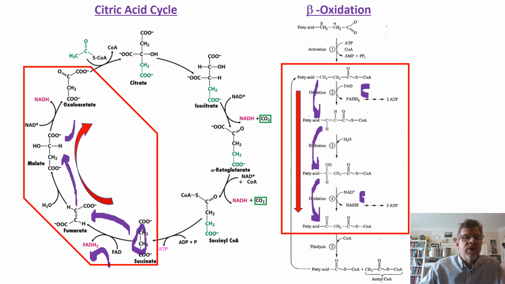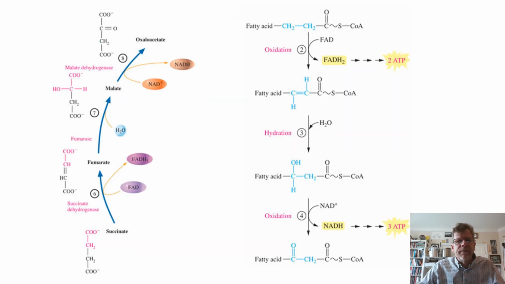The alcohol is oxidized to a carbonyl compound with a concurrent reduction of NAD to NADH. They're essentially identical. Those three reactions in beta oxidation and the citric acid cycle drive the formation of one FADH2 and one NADH. Let's look a little bit closer at that on the next slide.